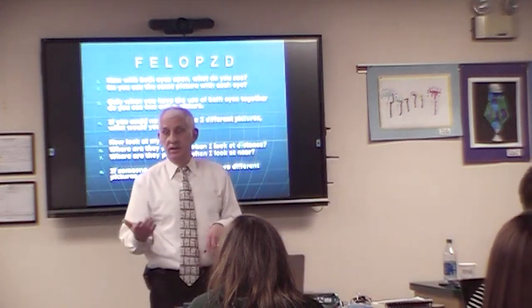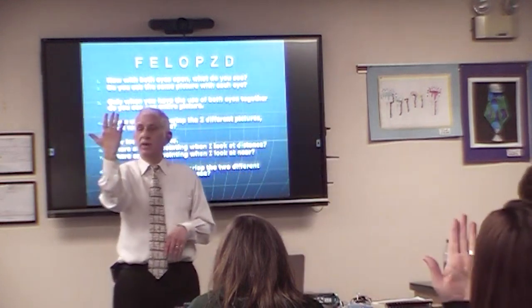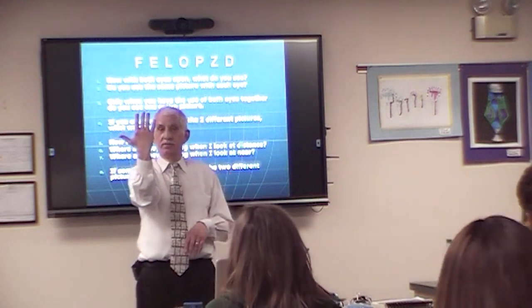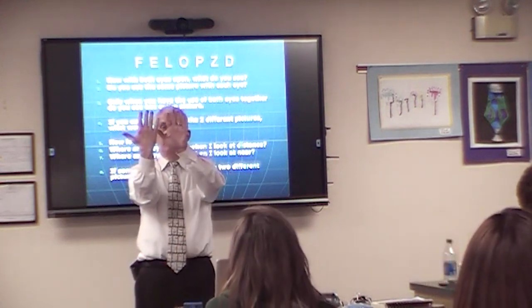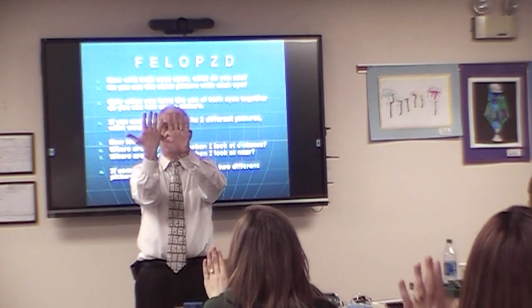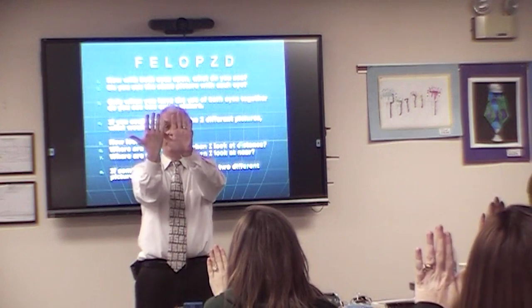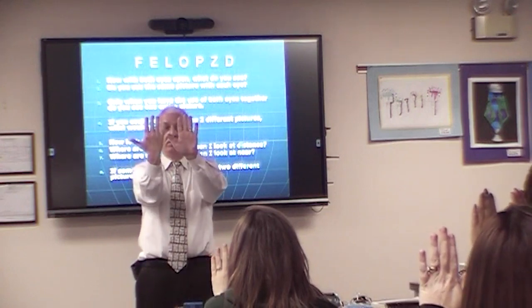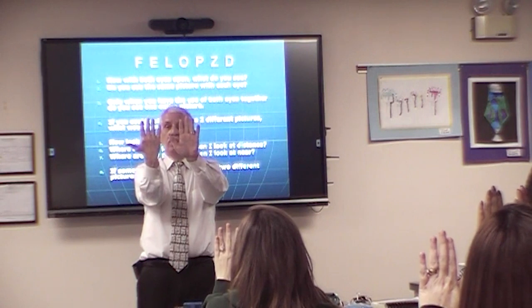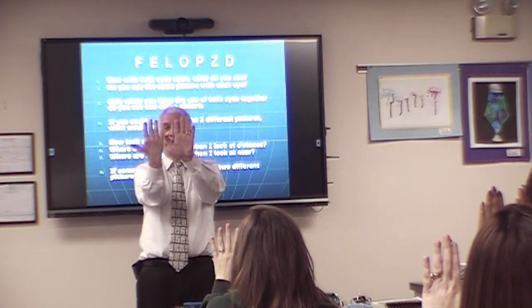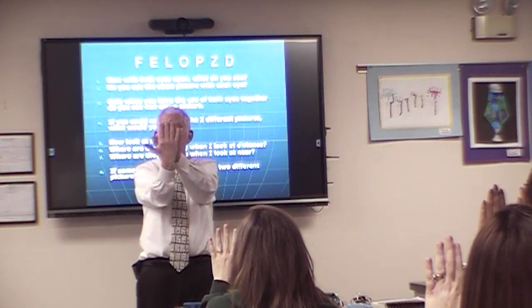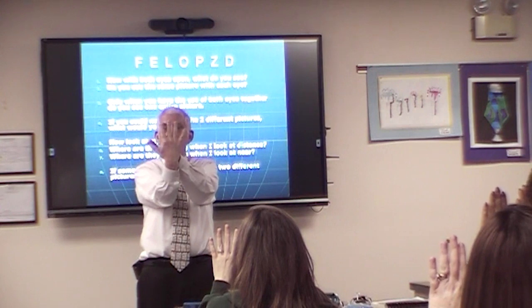Okay, let's do this then. Take your right palm so that it faces you, and your left palm so that it faces away from you. You're looking off at a distance, your eyes are parallel. When we look at something up close, we have to point our eyes in. We have to converge.